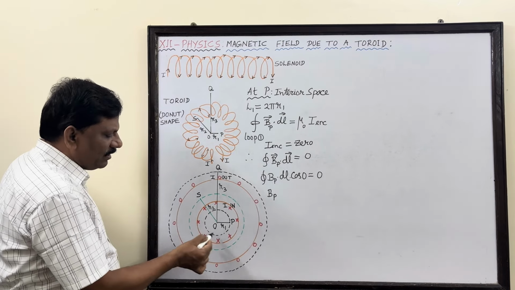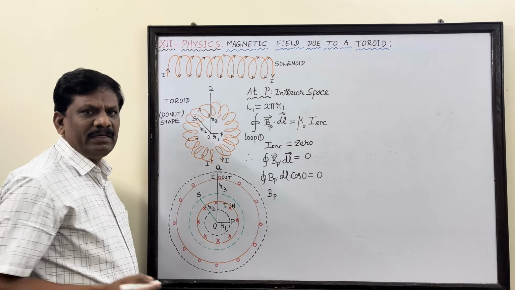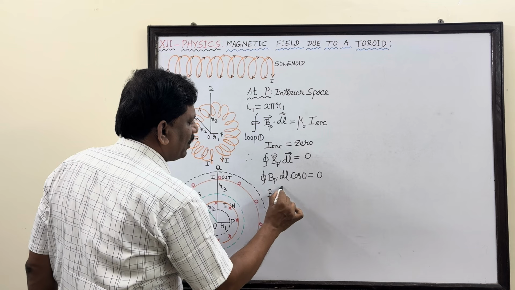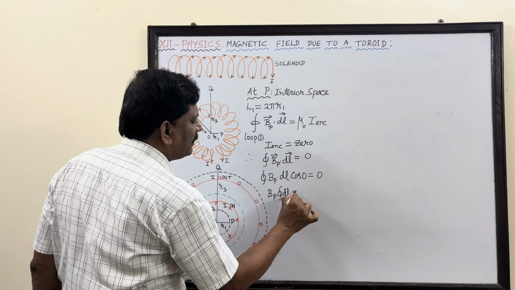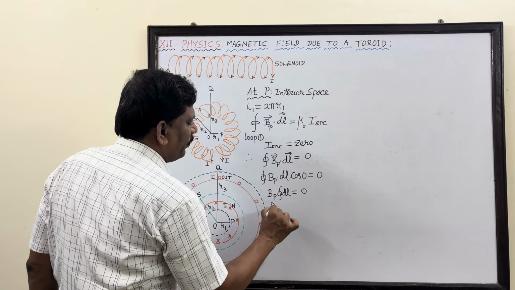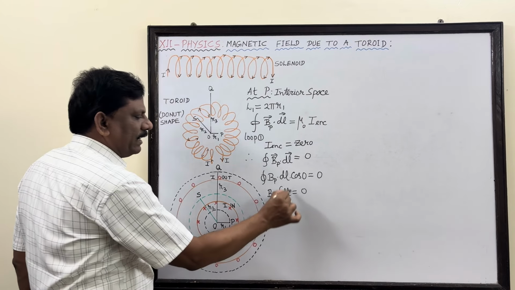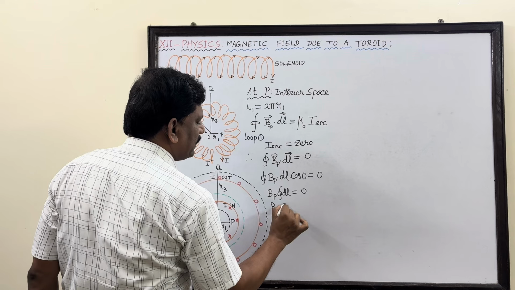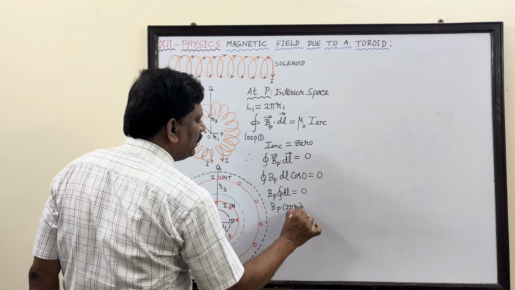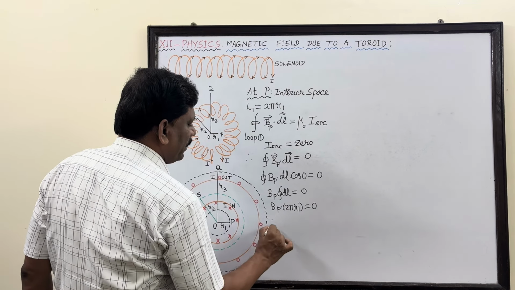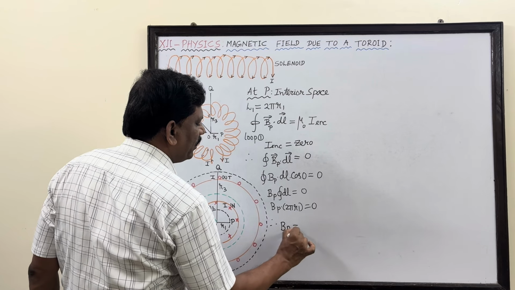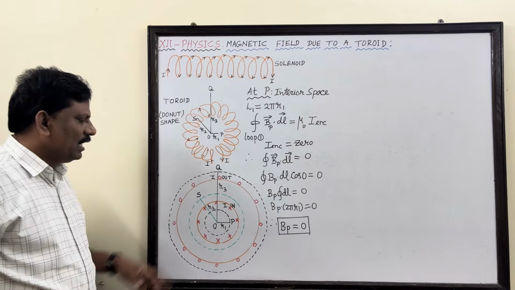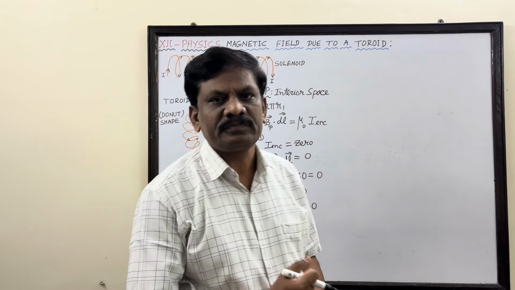At all points on this circle, the value of Bp must be the same, so I have taken it out of the integral, and the closed integral of dl is equal to the loop length L1. So Bp into 2 pi R1 is equal to 0. Therefore Bp is equal to 0. So there is no magnetic field at this point P.